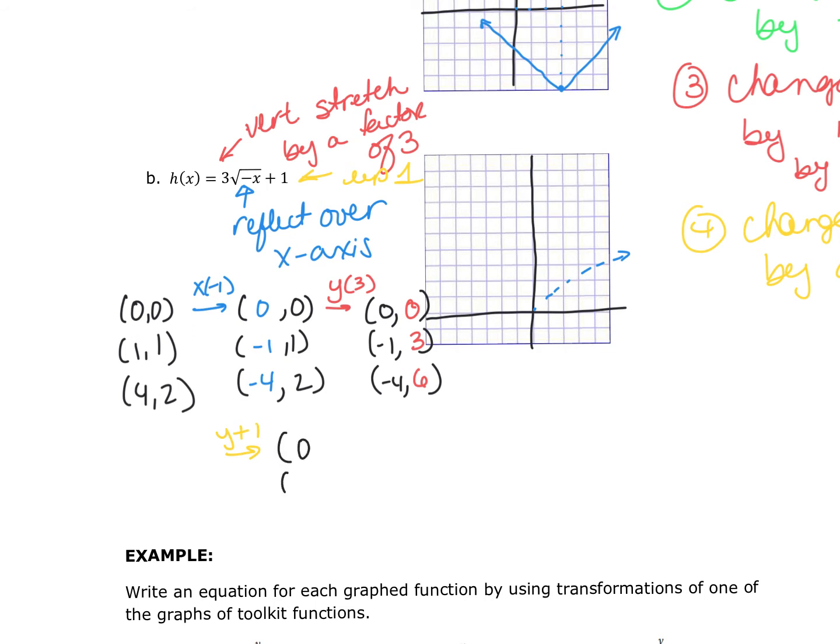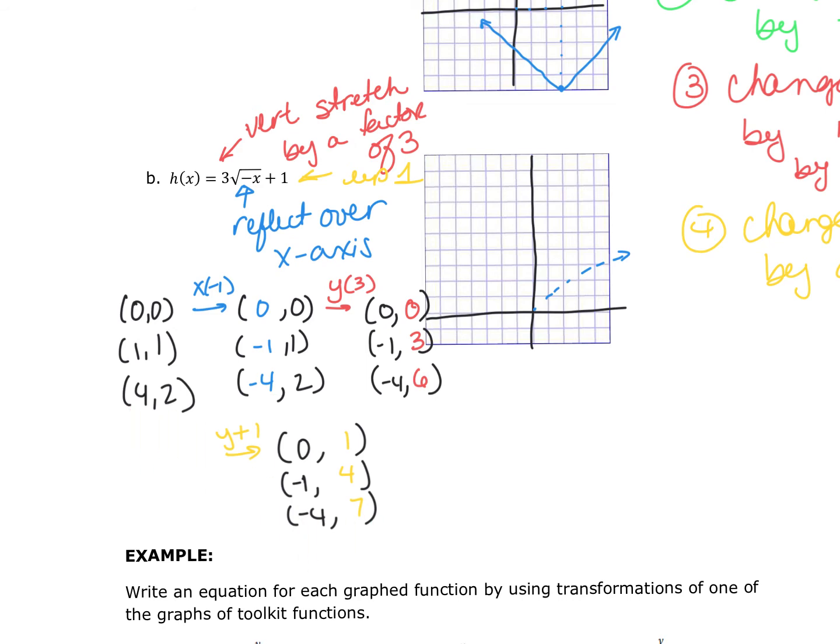So my x's don't change, and my y's now become 1, 4, and 7. So these are some of my key points. They went from (0, 0) to (0, 1), (1, 1) to (-1, 4), and (4, 2) to (-4, 7).